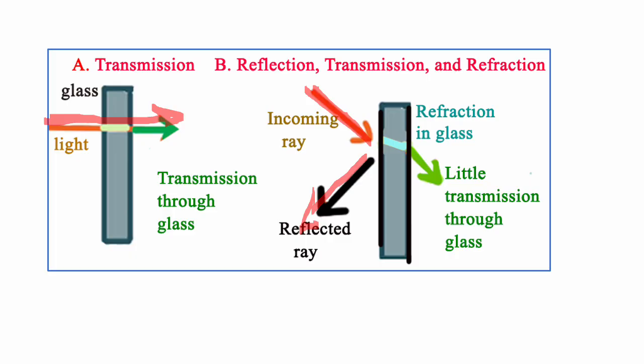Now, some of the light gets refracted in the glass, and that means it's coming in this direction, and then it becomes more perpendicular as it goes through the glass. And then it continues in the same direction as it had been, but it's shifted over because of its travel through the glass. And so this is the little bit of transmitted light that comes through.